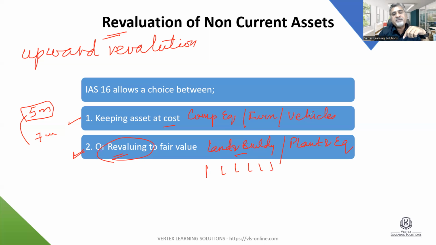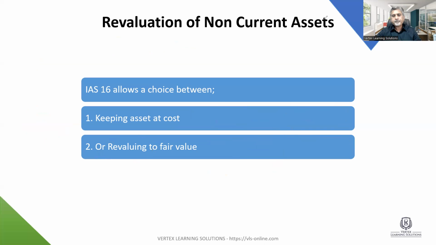If I say that I will put vehicles on cost model, then all of my vehicles will be on cost model. It is not possible that some vehicles are on cost model and some vehicles on revaluation model. Okay, so this is just a very quick introduction or overview of revaluation.